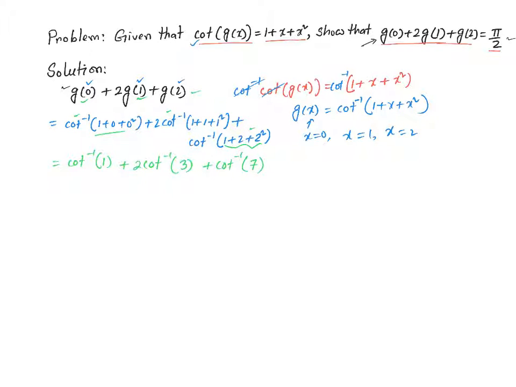Now we got to simplify it further. Now note that cotangent inverse of 1, I could write it as cotangent inverse of cotangent of pi over 4, because cotangent pi over 4 is 1, plus I could write this as 2 times tangent inverse 1/3, because that's the relationship between cotangent inverse and tangent inverse. And then similarly I could convert this cotangent inverse 7 to tangent inverse 1 over 7.